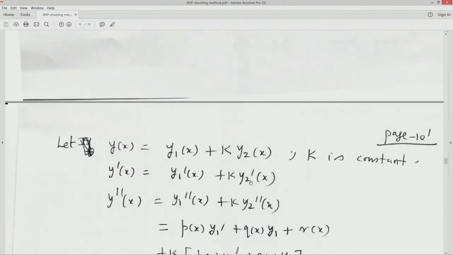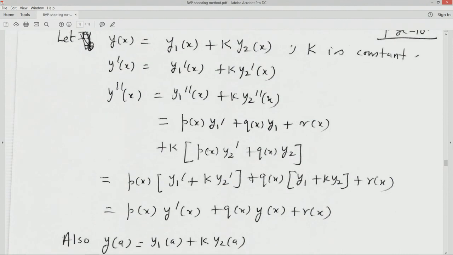So, let us look into how we have arrived at the constant k as what is written there. So, we have taken y of x to be y1 of x plus k y2 of x. So, we compute y dashed of x, y double dashed of x, and so substitute for this y1 double dashed of x and y2 double dashed of x. What is y1 double dashed of x, which can be obtained from the first initial value problem?